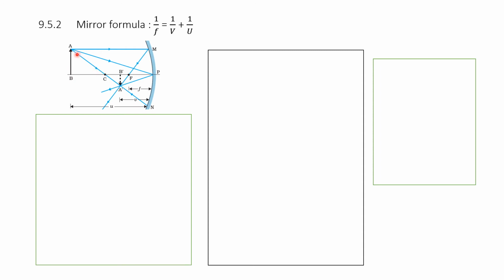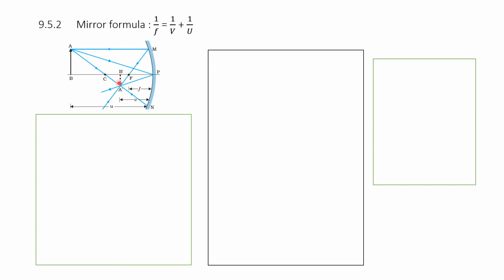Another third ray from A passes through the center of curvature and gets reflected at point N. All three reflected rays meet at A dash: one ray passing through F, the second ray directly reflected from P, and the third one crossing the point N. So A dash B dash is the image of AB as shown in the figure.